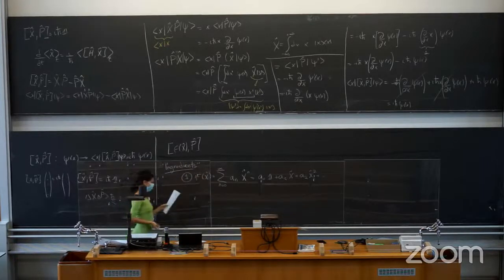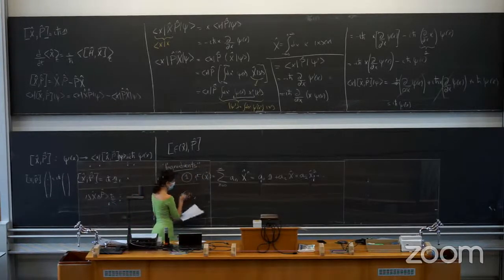The second one that we need is that the commutator of the sum is the sum of the commutators.